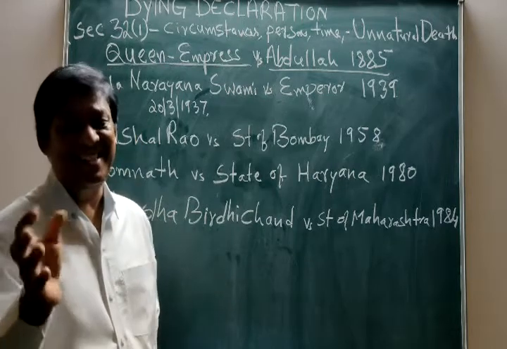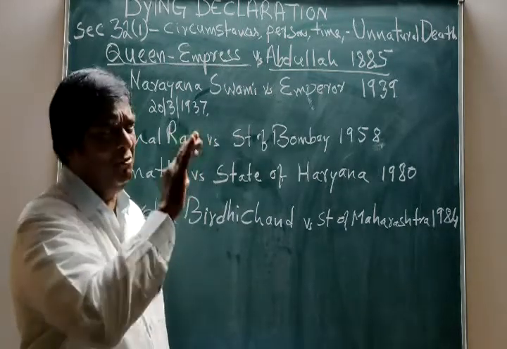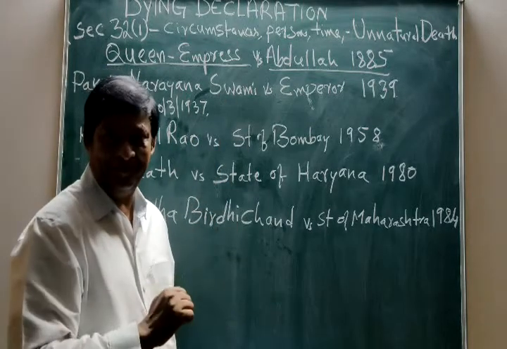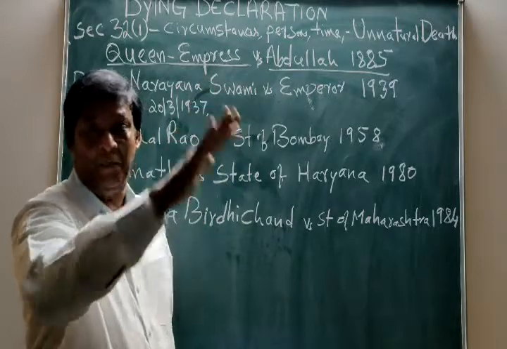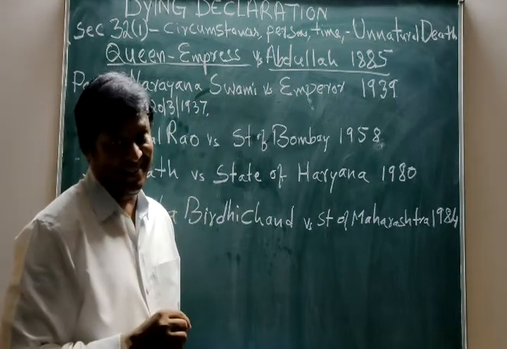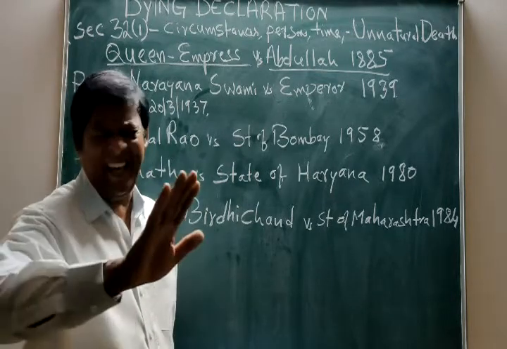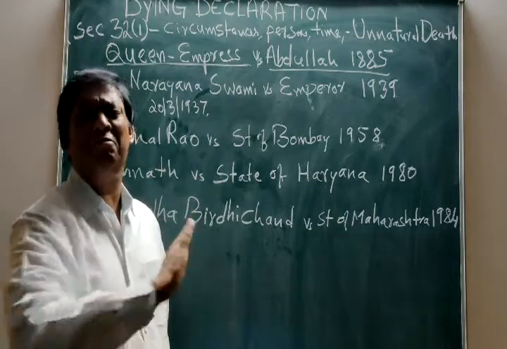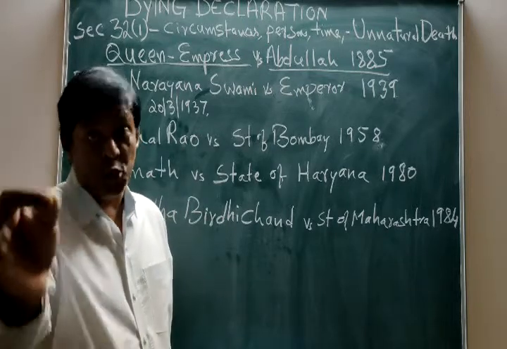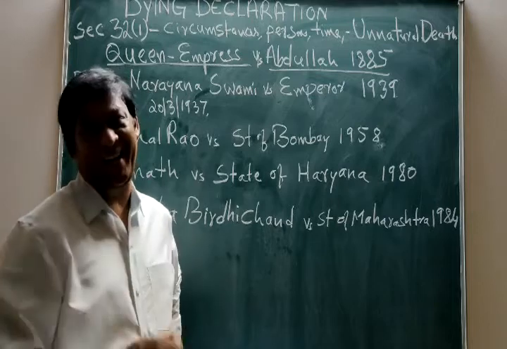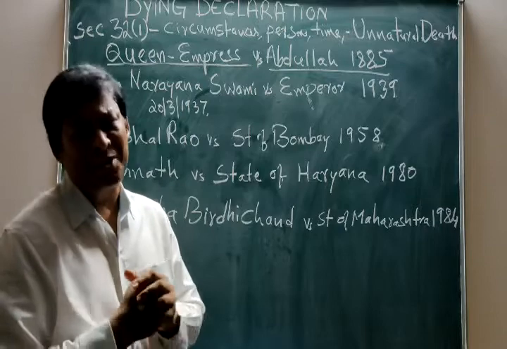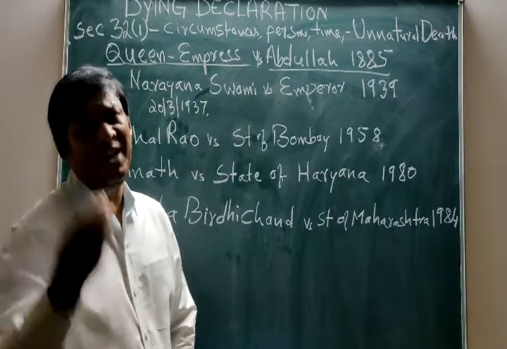So the jurists say, truth will play on the tongue of the dying man. There is no reason to make any false statement, only the truth. That's why a dying declaration is a very, very relevant piece of evidence.